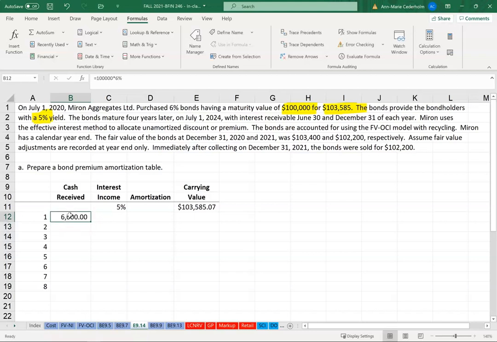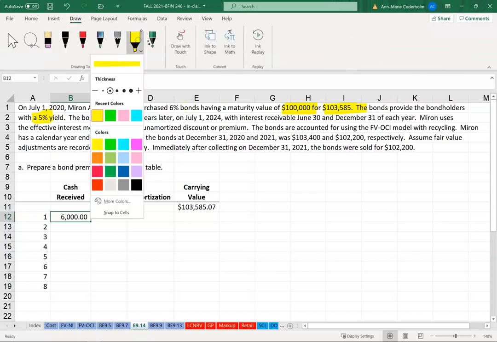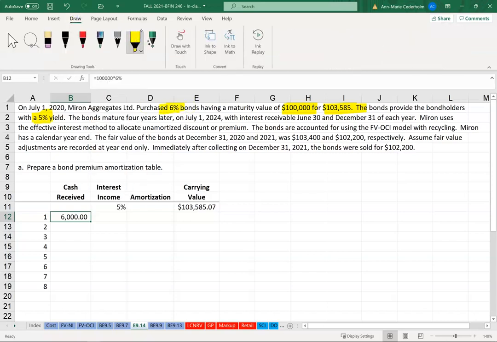So remember, that has to be the stated rate of interest. And that's the actual interest on the contract. And divide that by 2. So we're going to be doing 3,000 each period. So we'll receive the cash. That's how much I'm going to receive per my bond contract.